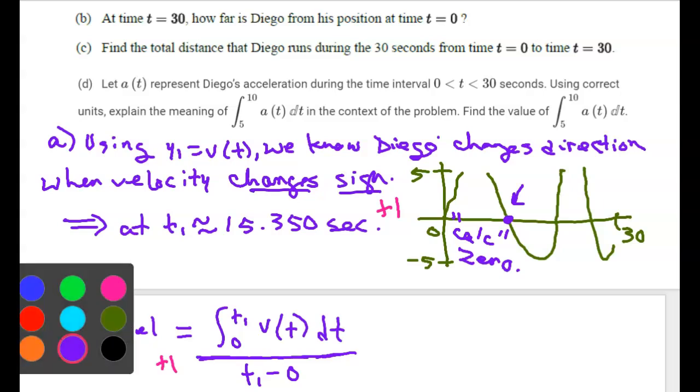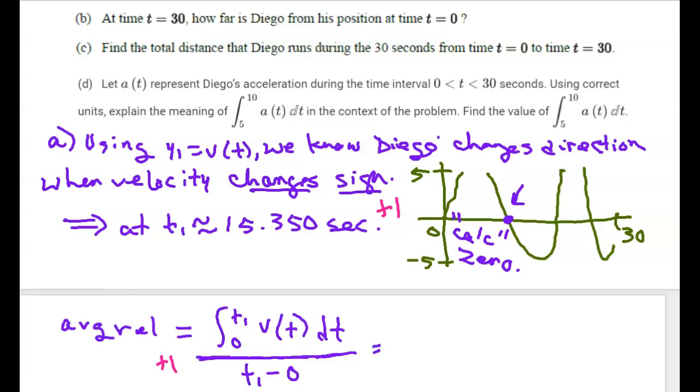Now this is my work. I'm going to plug into my graphing calculator the integral from 0 to 15.350. I can use that y1 that is stored in my calculator, all divided by 15.350 minus 0.